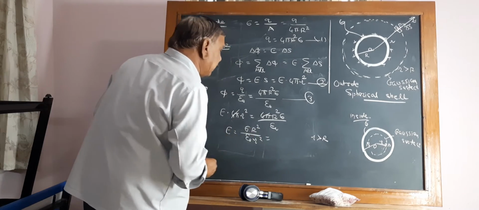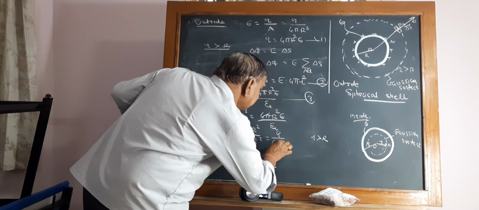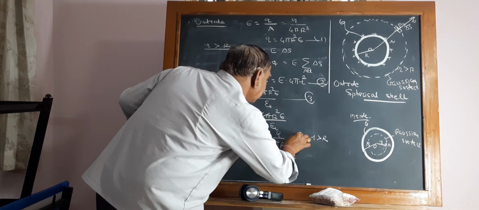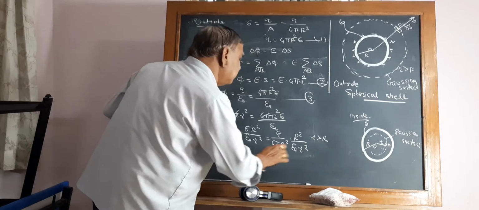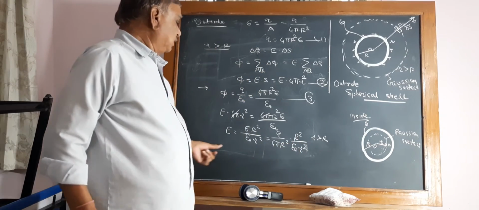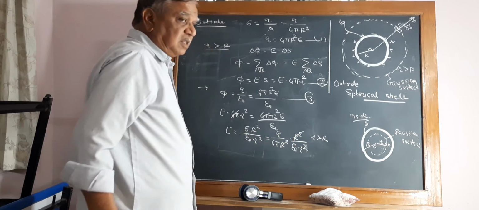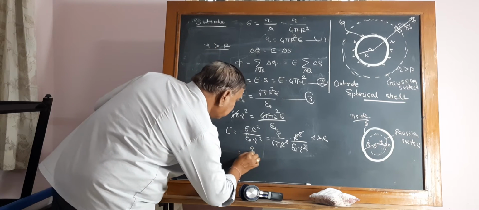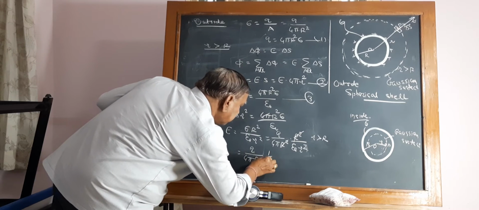Putting the value of sigma, Q upon 4 pi R square, into R square upon epsilon 0 r square, R square cancels. So the answer is Q upon 4 pi epsilon 0 into 1 upon r square.